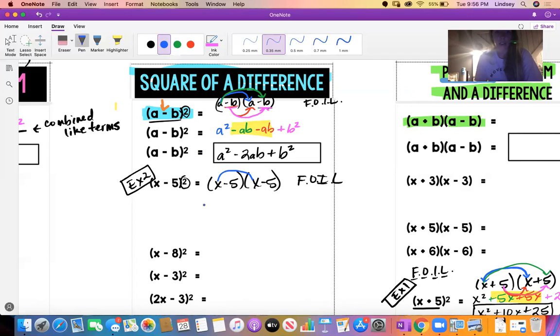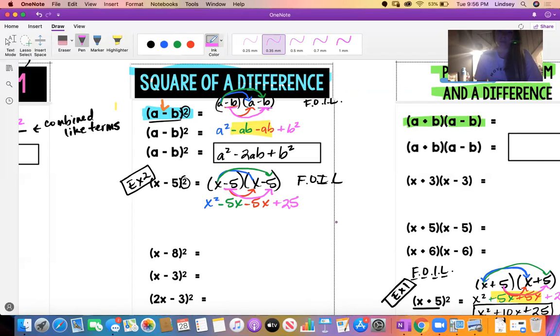I have x squared. Outer, x times a negative 5. It's going to be a negative 5x. Inner, negative 5 times an x. That's going to be a negative 5x. Last, negative 5 times a negative 5 is going to be a positive 25.